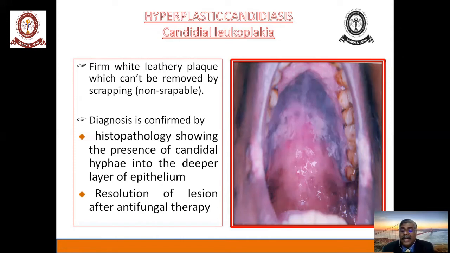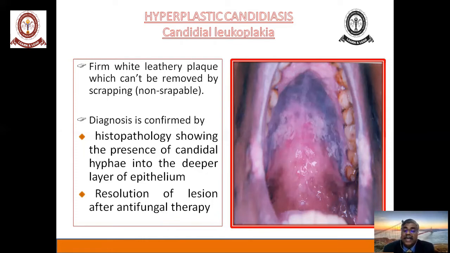And how we can diagnose this condition is if we take a biopsy, in the histopathological examination we often find that the candidal hyphae have infiltrated into the deeper layer of epithelium. In my introduction, I would have told you, Candida, despite having a battery of proteases, is poorly equipped to invade and destroy. So in all other types of candidiasis, we can find candidal hyphae or yeast only in the superficial layer of the epithelium.